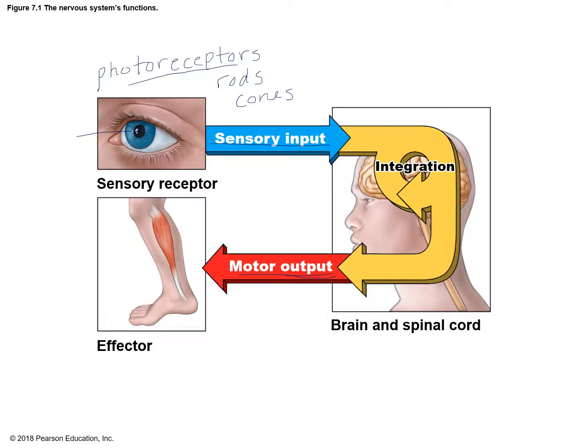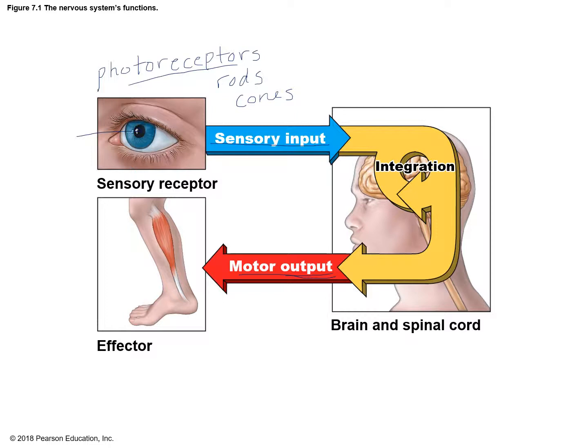And of course, this process is occurring in many different parts of our body with many different sensory receptors. It doesn't have to be a conscious process. It can be like a reflex arc, for example. If you've ever gone to the doctor's office and they've tested your patellar reflex by tapping basically just below the patella, if you have a functioning patellar reflex, your leg is going to involuntarily kick up in response to that.